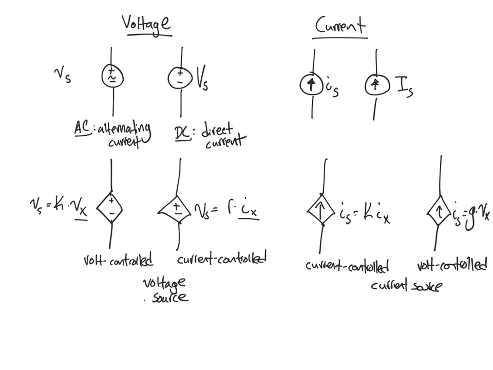So this top row is what we classify as our independent sources, and the bottom row is what we classify as dependent sources.